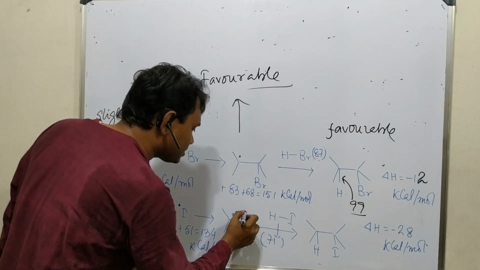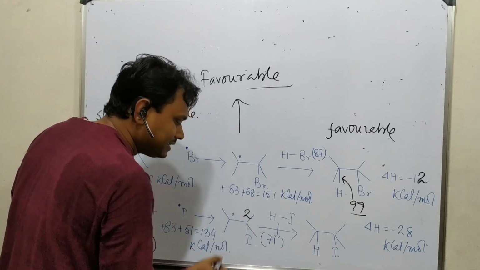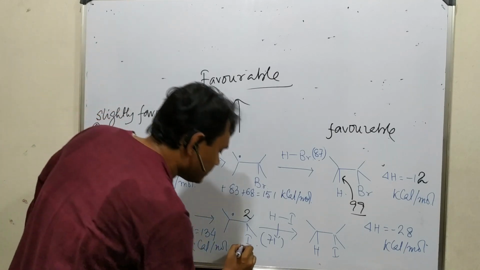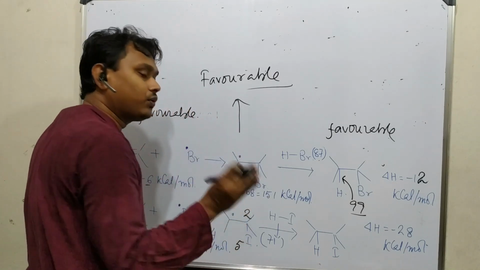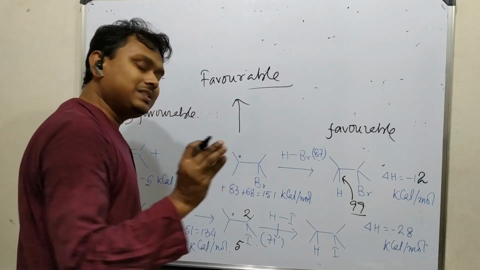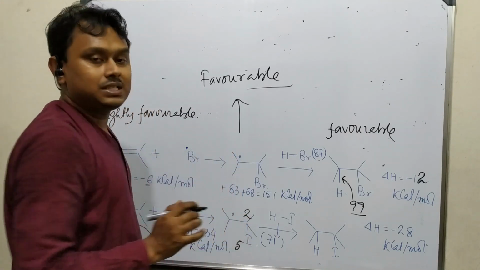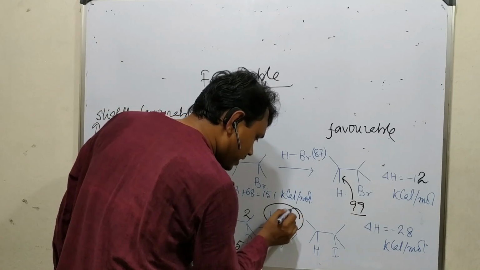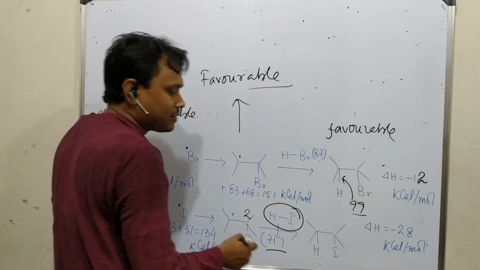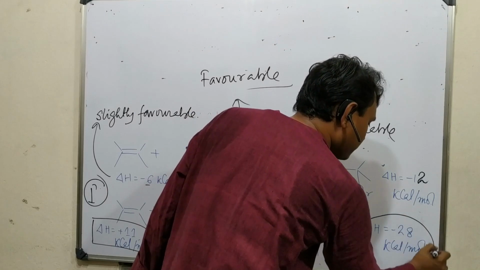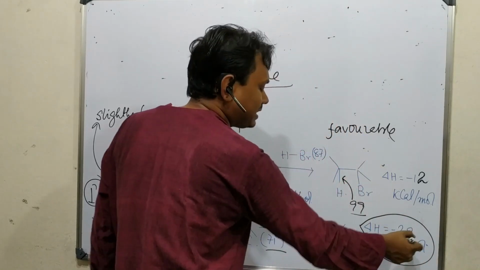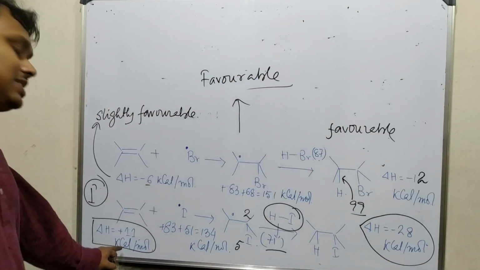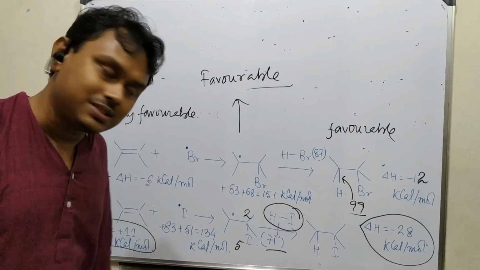Because fluorine is 2, chlorine is 3, bromine is 4, iodine is 5. And another thing, it is true that this HI bond is very weak, only 71. So second step is highly favorable, delta H minus 20. But because the first step does not happen, that's why this.